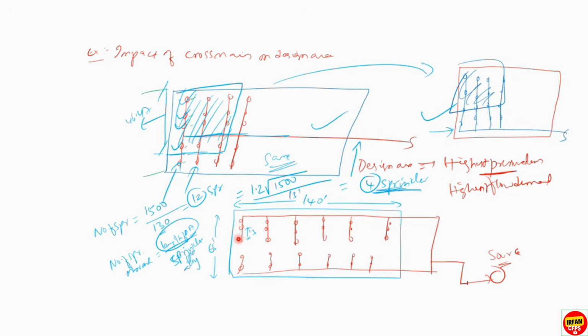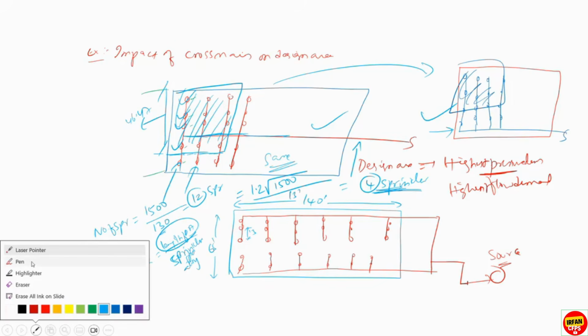We'll consider only 3 sprinklers in this scenario, and then you'll go back 3, again 3, again 3, again 3. So it will be 12: 3, 6, 9, 12. So these 4 branches you will consider in your calculation.